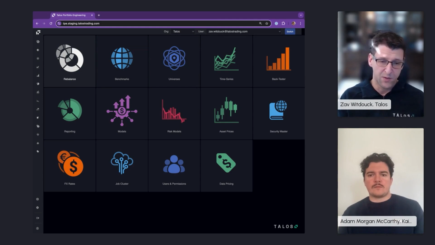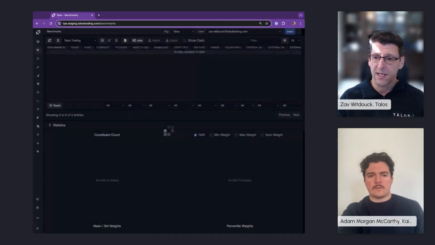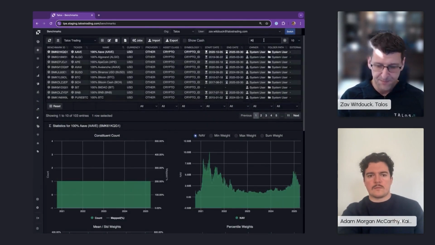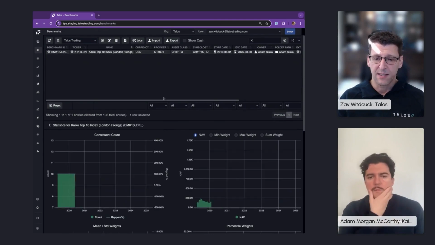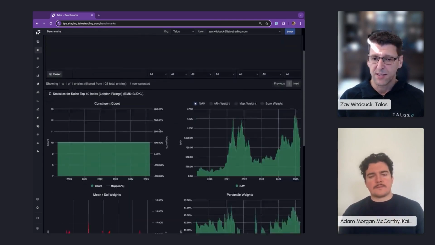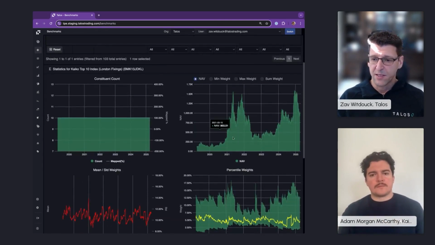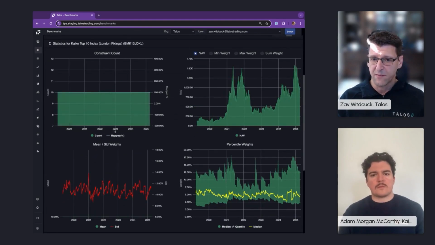So very good for running index replication strategies or active strategies as well. We have a tool for creating and managing benchmarks, and this is where we've essentially integrated the KT10 Index. So if I go into the screen here and I select the KT10 Index, you can see some summary statistics for the index on the platform.